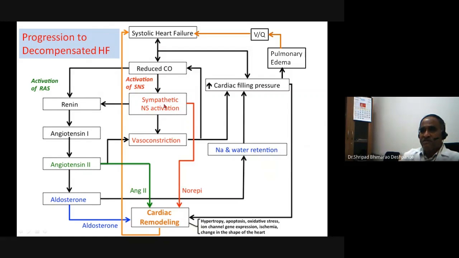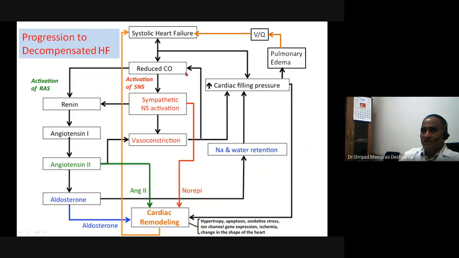This increased sympathetic activation produces vasoconstriction. The vasoconstriction increases the cardiac filling pressure. That means the venous return is increased, and it also tries to balance the reduced cardiac output.